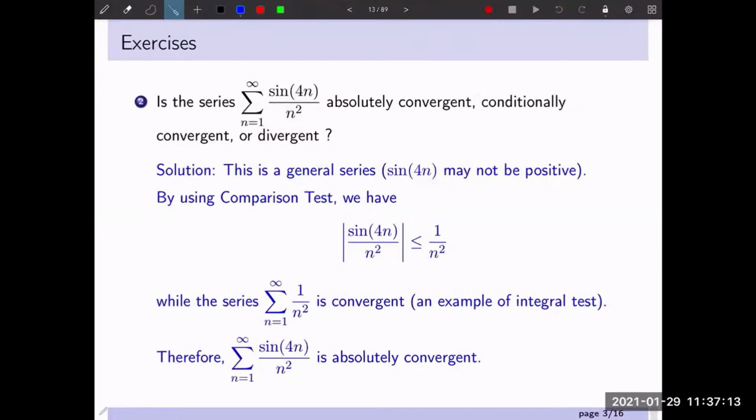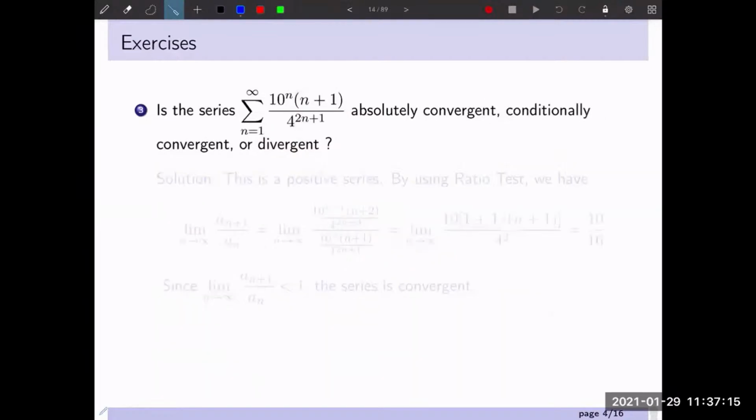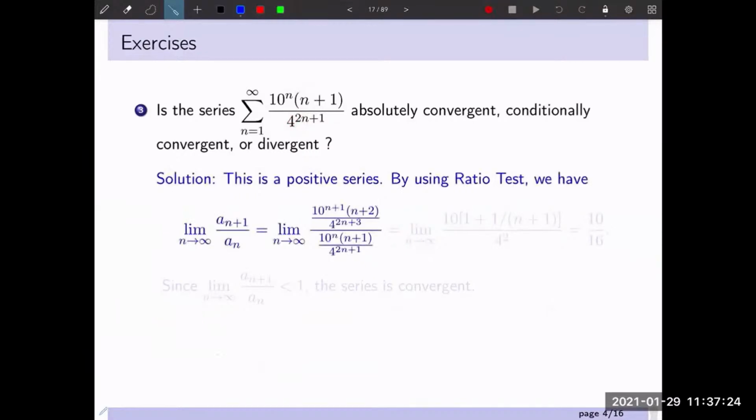Well, when n exists in the power, the base number is constant. In this case, you should use the ratio test. A ratio test would give you this. Let's look at this. So you get a 10 here, while you get 4 squared from here.